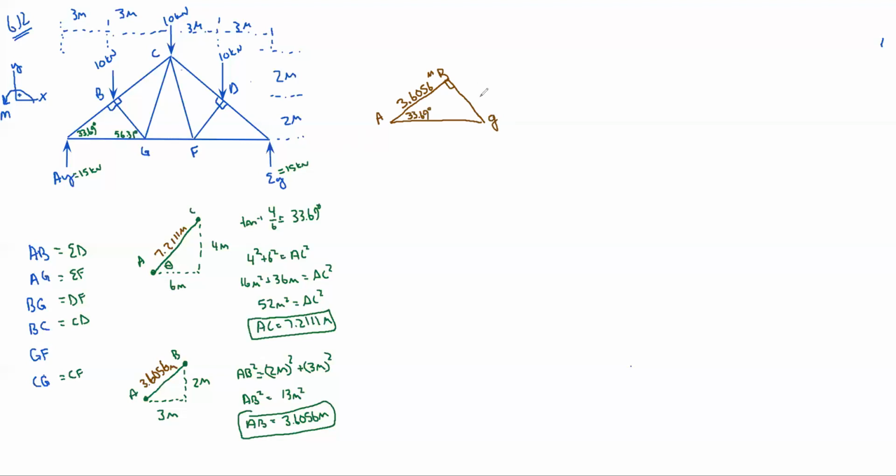So I can say that the cosine of 33.69 degrees is equal to 3.6056 meters divided by AG, and AG is equal to 4.33 meters. Circle and annotate that for us.